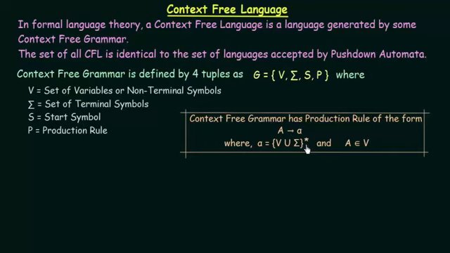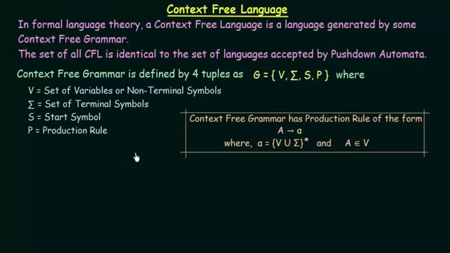And here we notice that it is a closure, so that means it could also be empty. It could be an empty symbol or anything from the non-terminal symbols or terminal symbols. And A belongs to V, that means A belongs to the set of non-terminal symbols. Okay, so this is how we formally define a context-free grammar.